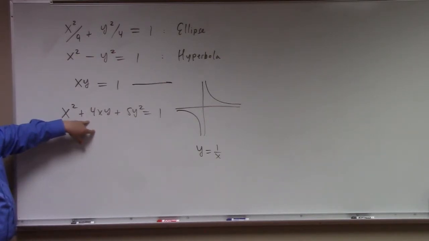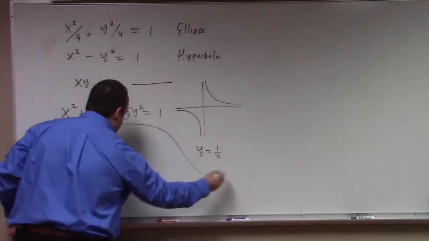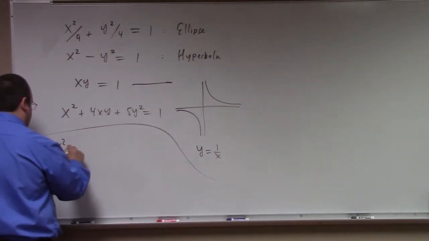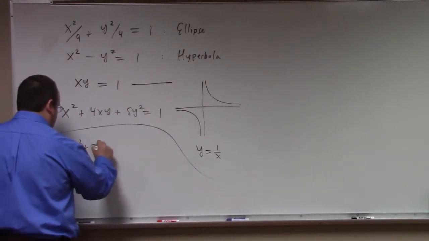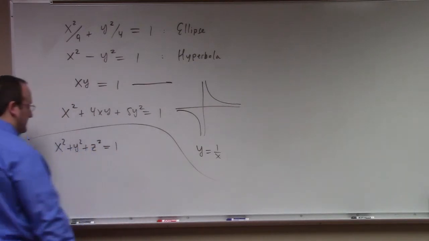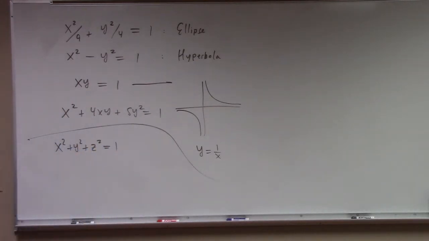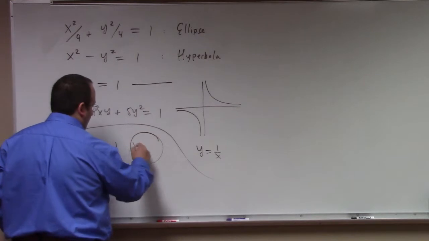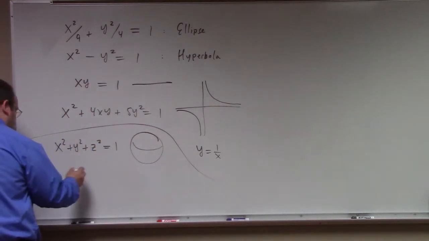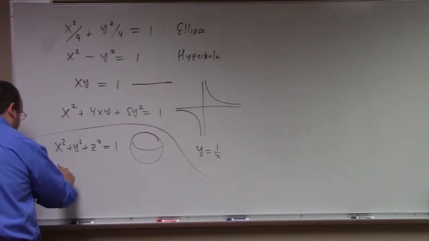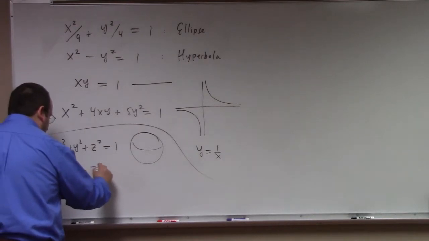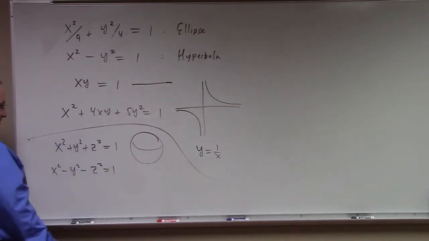Similar comments go for functions of 3 variables. If you've had calculus 3, everybody knows x squared plus y squared plus z squared equals 1 is the unit sphere. And x squared minus y squared minus z squared equals 1 is like a hyperboloid.